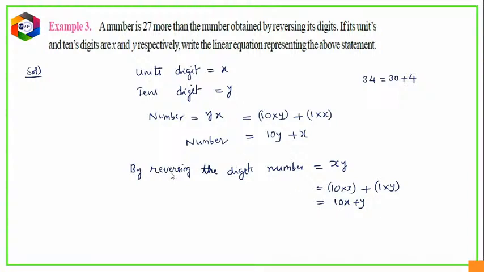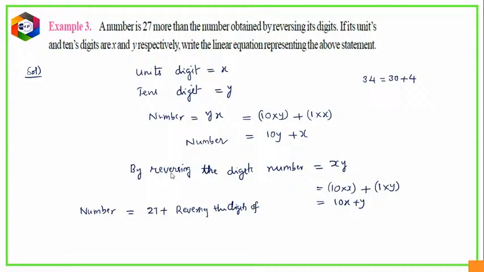Now there is a relation given between these. What is the relation? A number is 27 more than the number obtained by reversing the digits. So the actual number is equal to 27 plus the number obtained by reversing the digits.